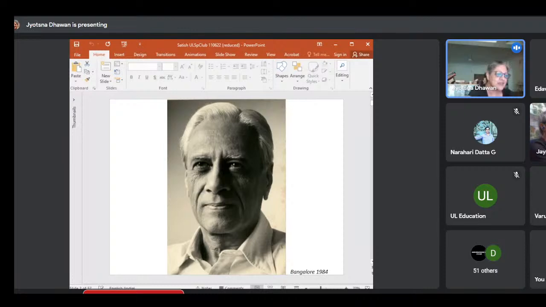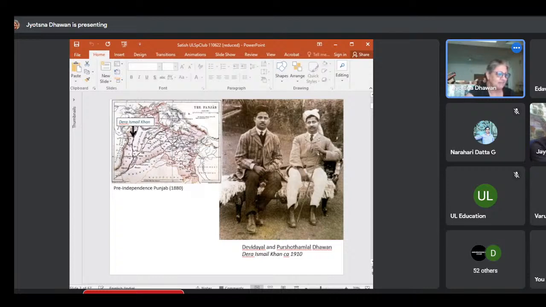Satish's work and actions contributed to a variety of individuals and institutions. But today I'll talk about the people who influenced him, without whom I think his life would have been immeasurably different. Satish's father, David Dayal, hailed from Dera Ismail Khan, which is near Rawalpindi, in pre-independence Punjab.